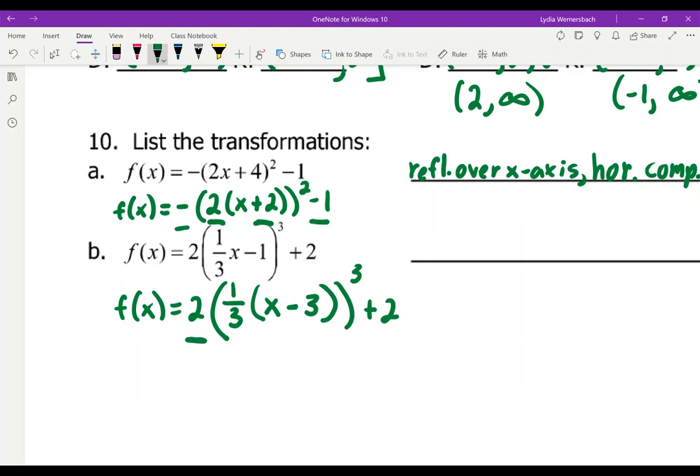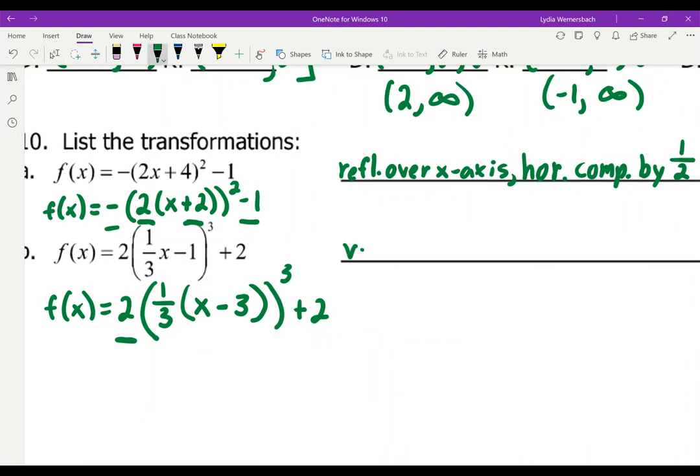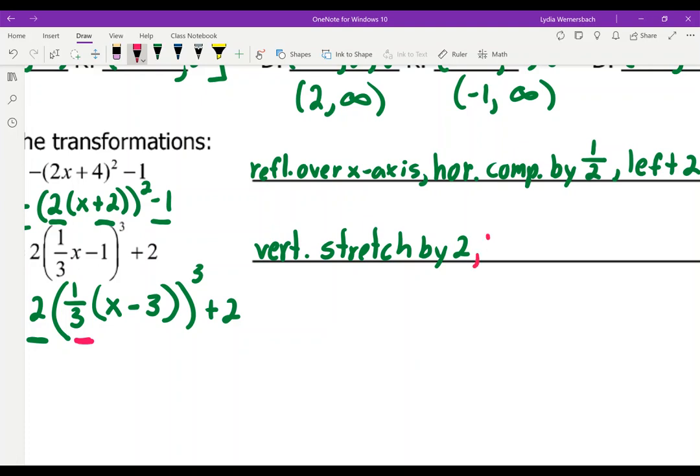Okay, so we're still working left to right. On the outside, we have this 2. So that is still vertical because it's on the outside. It's still a stretch. And it's still by 2. Okay, where it gets a little tricky is this 1/3, right? It's on the inside, so that's going to be horizontal. And it's between 0 and 1. Again, it's on the inside.